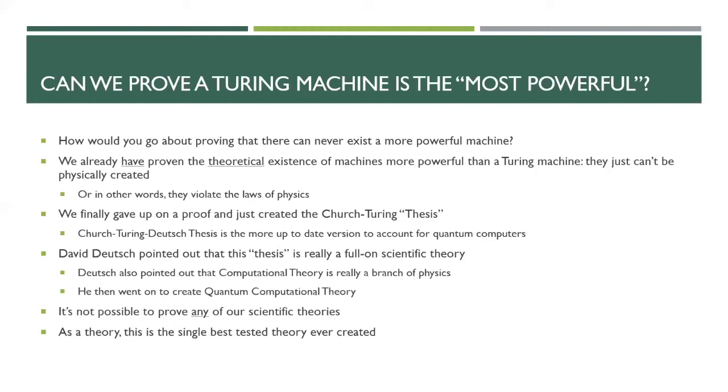And this is one of the reasons why I have my doubts that you're going to see some more powerful type of computer someday, even though we won't be able to prove it. We're really talking about the laws of physics at this point, what the laws of physics allow. Maybe some future theory of physics might allow for a super Turing machine, but I don't think it's happening under any current theory of physics, right?